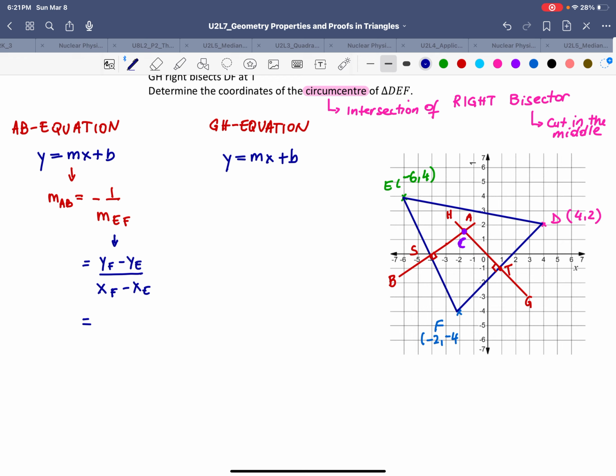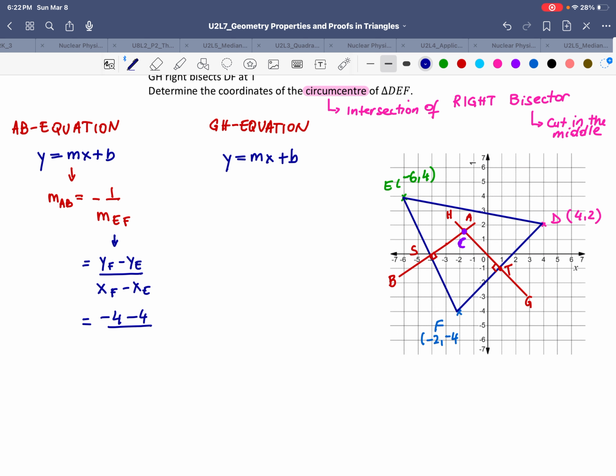So let's take a look. The y at F is negative 4, and the y at E is 4. The order doesn't matter, as we've mentioned. So we go negative 4, subtract 4. For the x coordinate, negative 2, subtract negative 6.